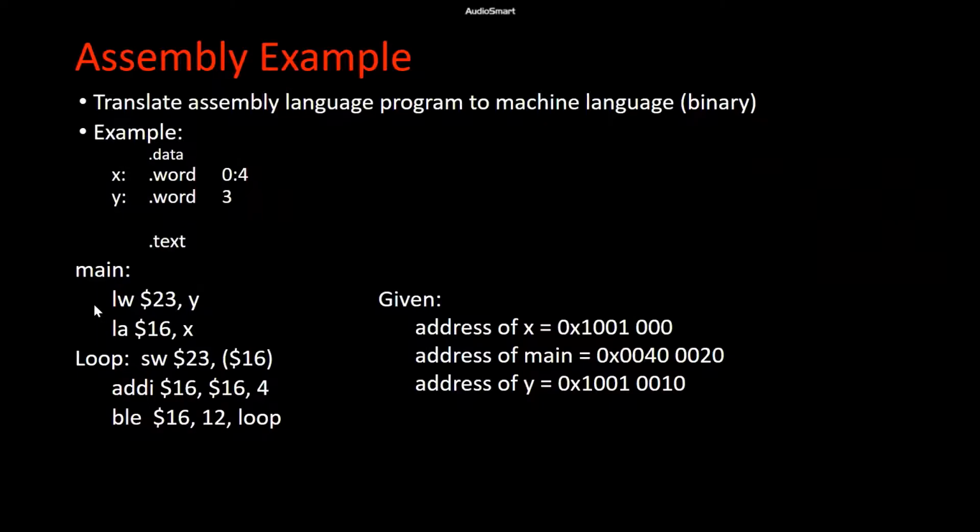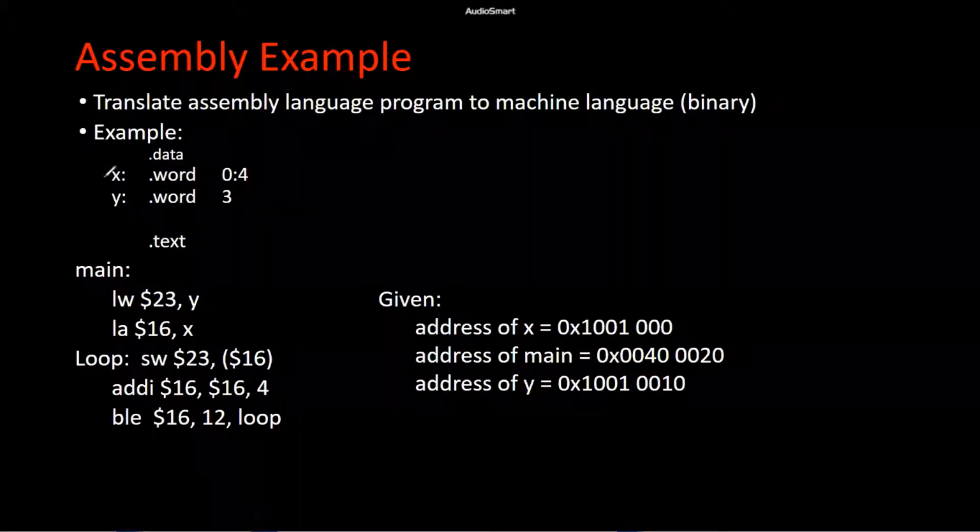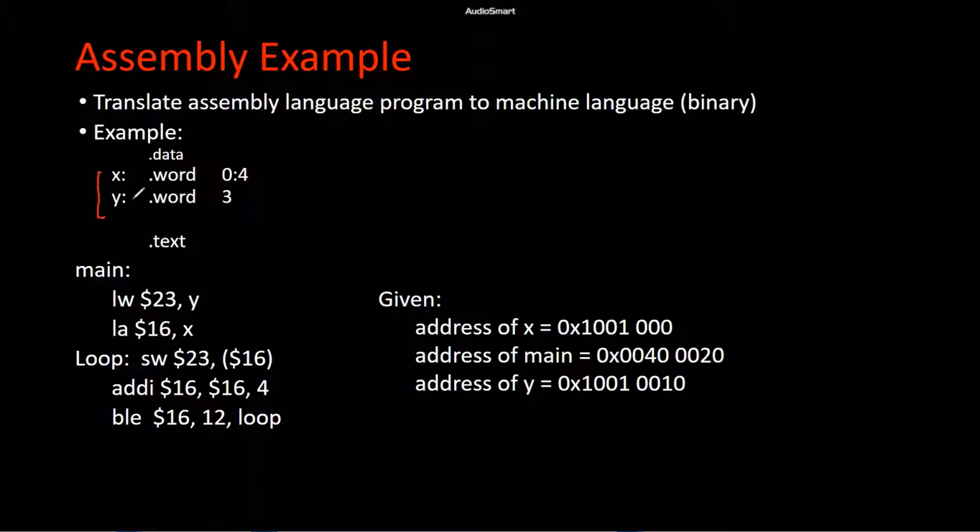So we have some data given to us. We have two arrays, or one array and one number, in memory. So that's two labels, X and Y. We do have the address of X and the address of Y. So these are given to us.